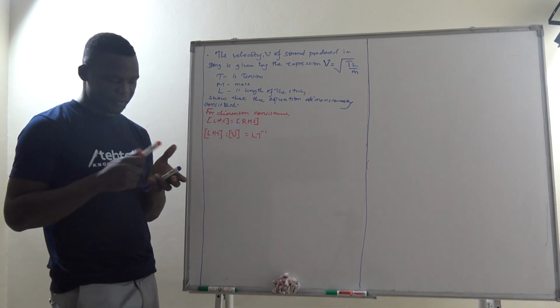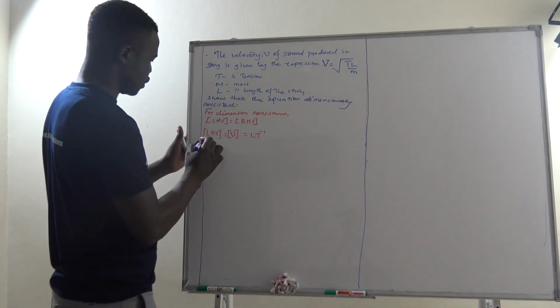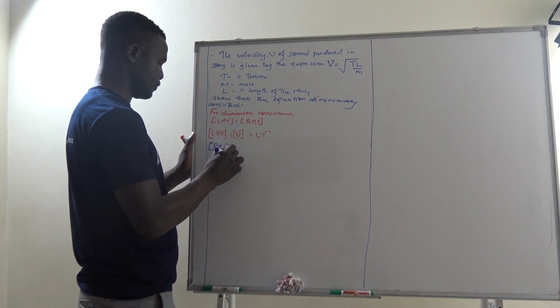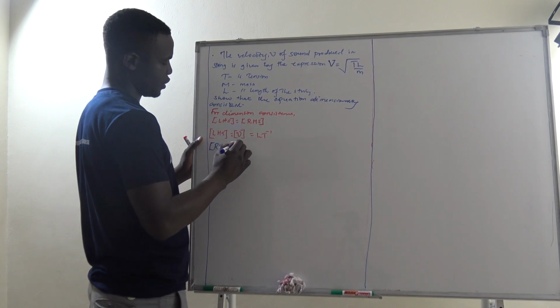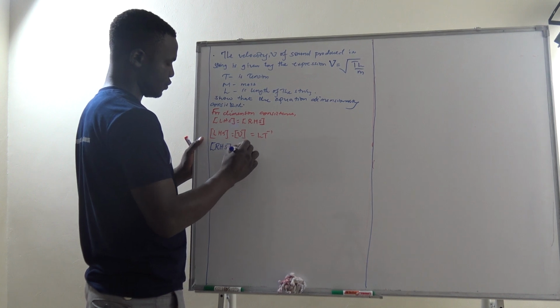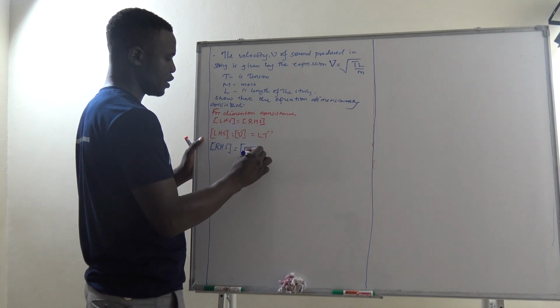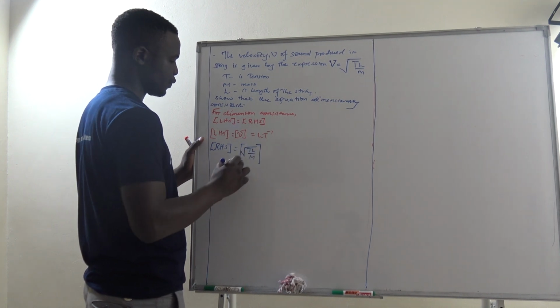Good. So the next thing is looking at the dimensions on the right hand side. The dimensions on the right hand side are equal to the dimensions of that whole expression under the root.